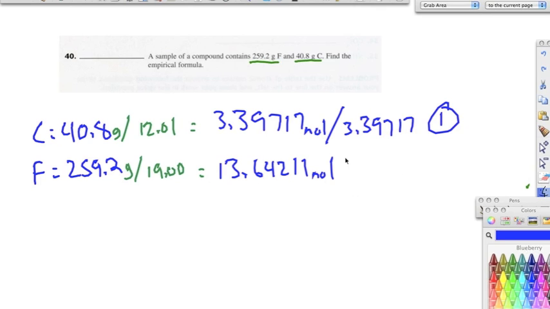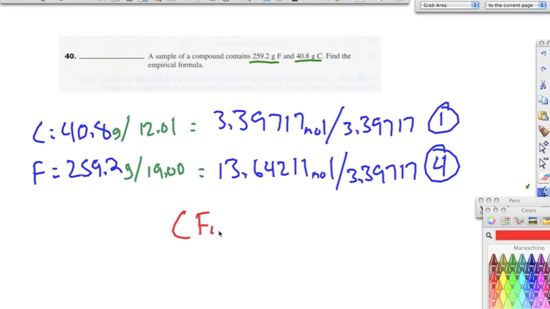Then we divide fluorine's mole value, and we see that we get 4. What this tells us is that in our formula we're going to have 1 carbon and 4 fluorines. So we get carbon tetrafluoride.